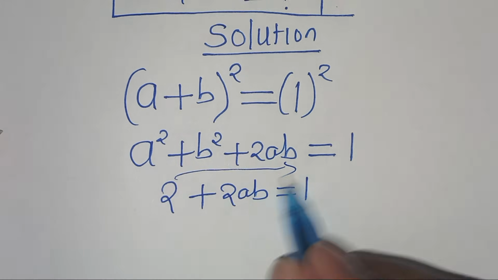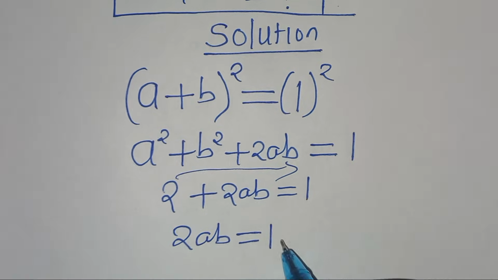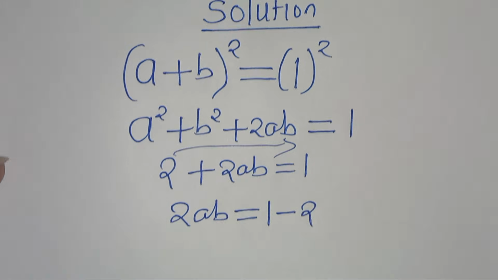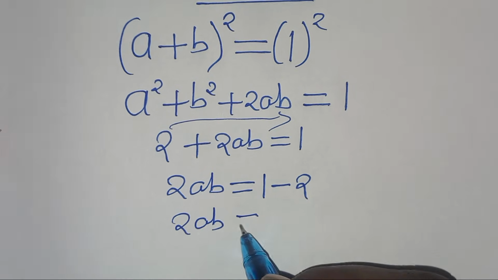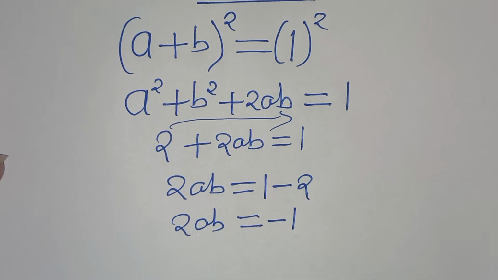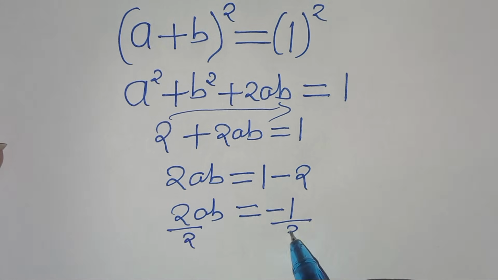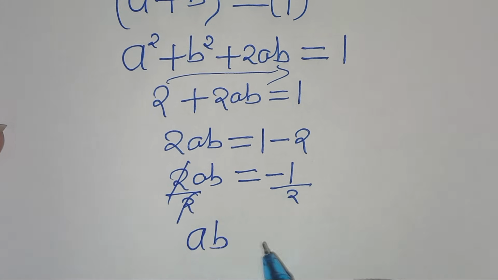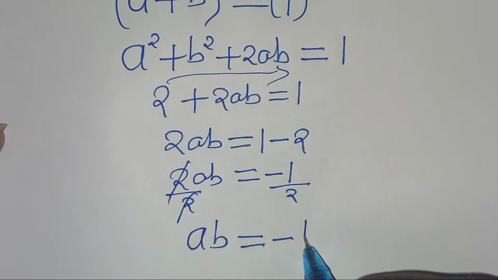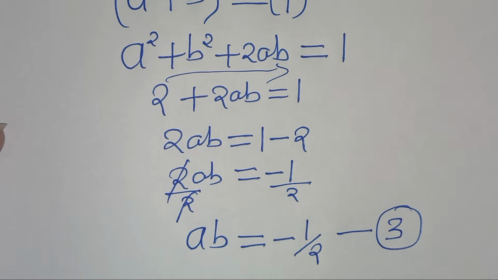Let's take 2 to the right hand side so that 2ab = 1 − 2. So now 2ab = −1. 1 − 2 is −1. Let's divide both sides by 2, and this implies that a times b = −1/2. Let's call this equation 3.